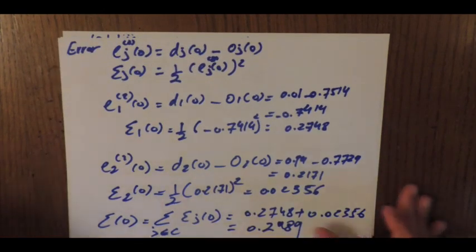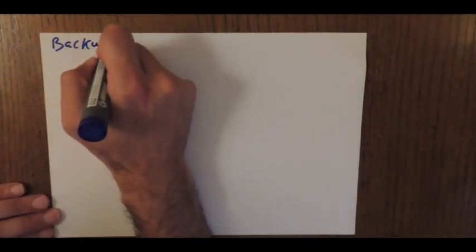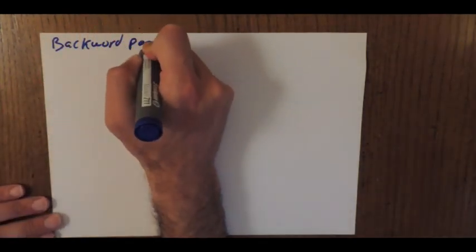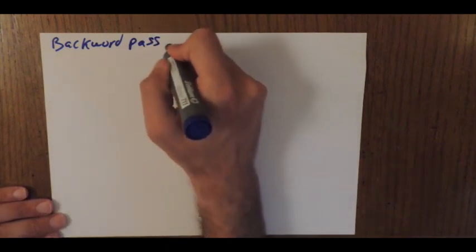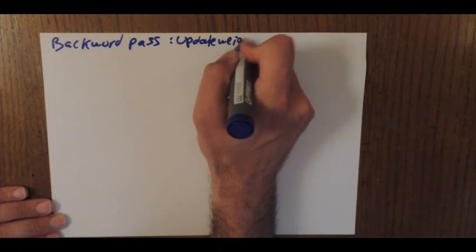So for the backward pass, we need to update the weights. So the most important part of the backpropagation algorithm is the weight update. So here we're trying to update the weights.